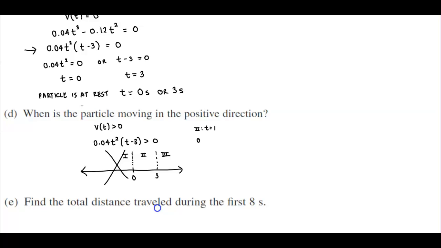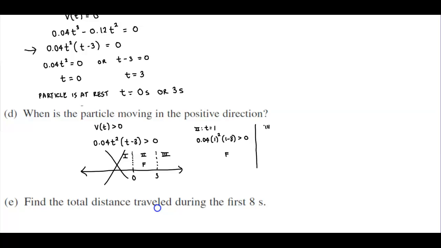So 0.04 times 1 squared times 1 minus 3, is that going to be greater than 0? Well, it's going to be multiplied by -2, so it's going to be false in this region.